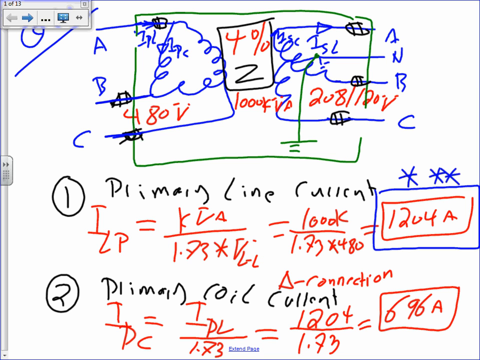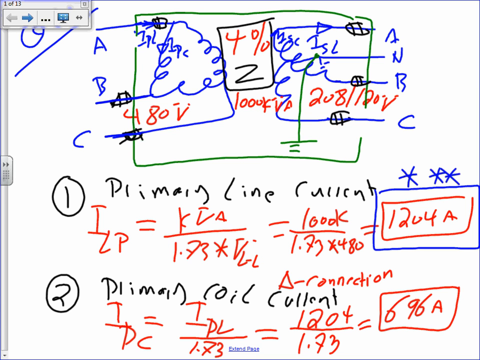Not the primary. There is no grounding electrode conductor on the primary. It's always the secondary. Separately derived system, the secondary. Everybody understand? Since it's in the secondary, which cables am I supposed to use? The primary cables or the secondary cables? The secondary, right?